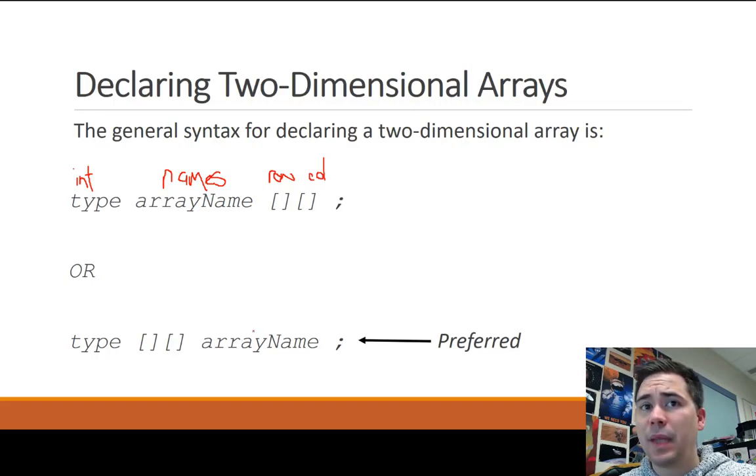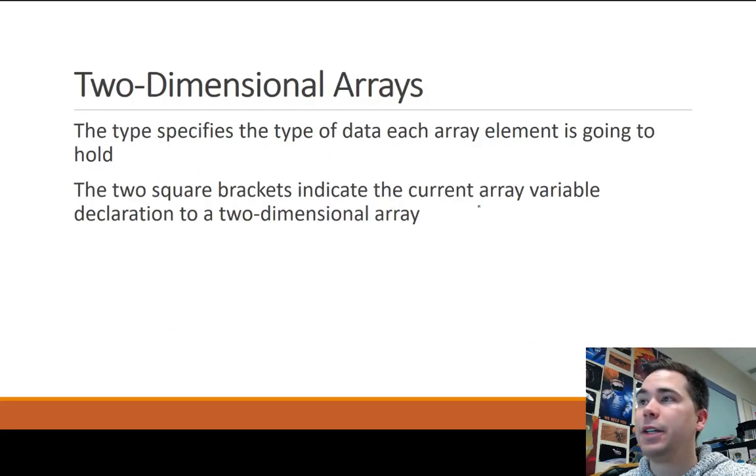But again, just to remember, we can declare it this way. This is the preferred way right here. This format is our preferred way of declaring an array, even in multi-dimension, 2 dimensions. The type specifies the type of data each array element is going to hold.